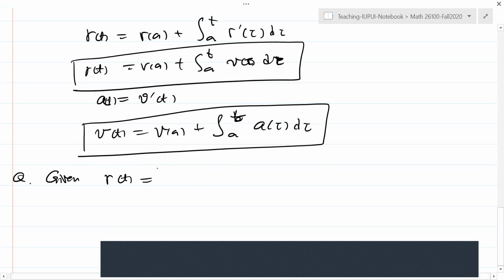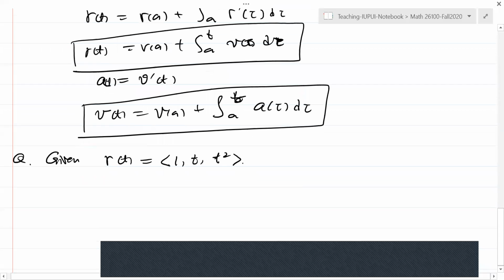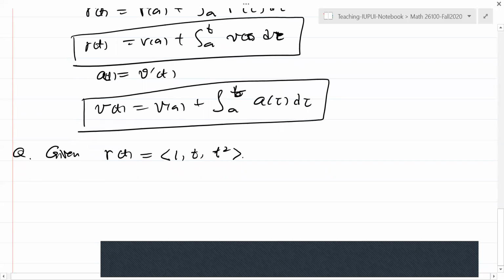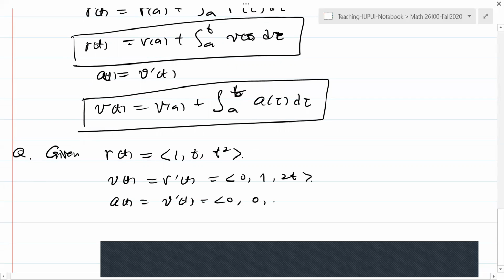This is called the position vector. So that's going to be 1, t, and t squared. First of all, the velocity is going to be the derivative of the position vector, so it's going to be 0, 1, and 2t. And then the acceleration is the derivative of the velocity, and that's going to be 0, 0, and 2.